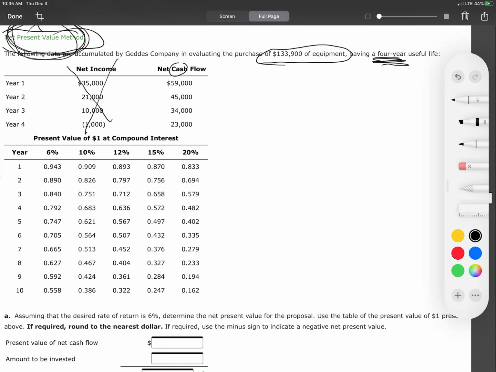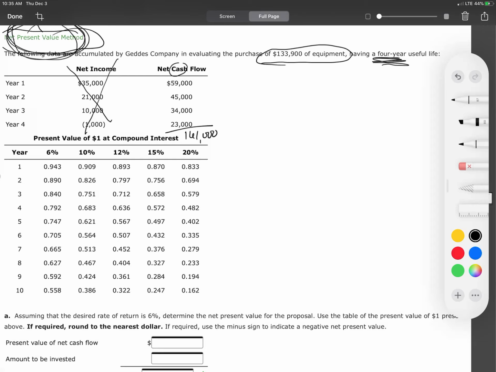Now let's look here. We're going to get 4 cash inflows from this investment, and they will add up to 161,000. Would you pay 133 to receive 161? Now an ignorant person would say, yeah.